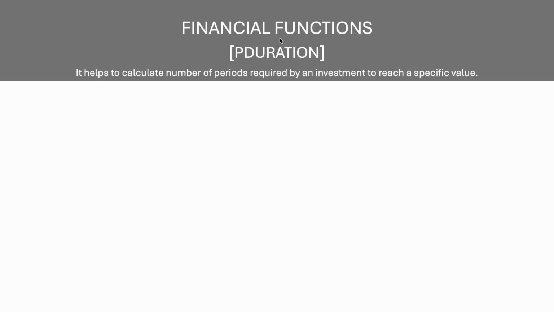So I'm taking a hypothetical case where a friend of mine has 6,50,000 rupees as a lump sum amount, and he is looking to buy a car worth 10 lakh rupees. This 6,50,000 rupees is the present value, and he's looking to buy a car worth 10 lakh rupees.